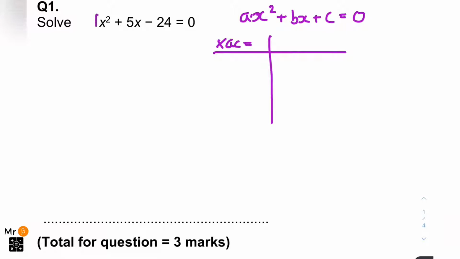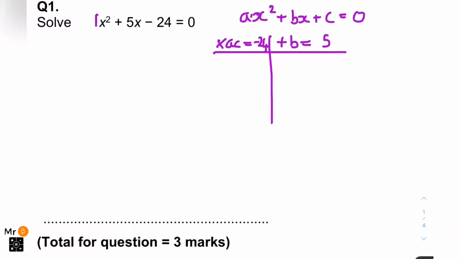We know that a is just this number 1, c is negative 24, so we're timesing two numbers together to give this negative 24, and we're adding to make b. And in this case, b is equal to 5. So we're timesing to make negative 24, we're adding to make 5.